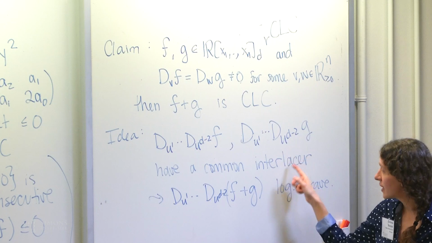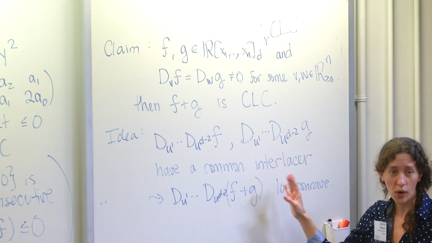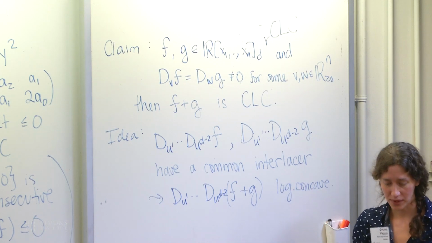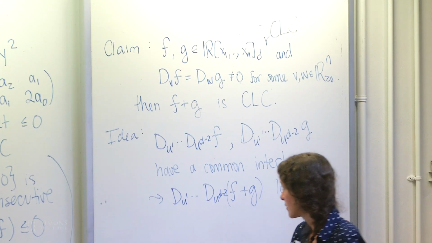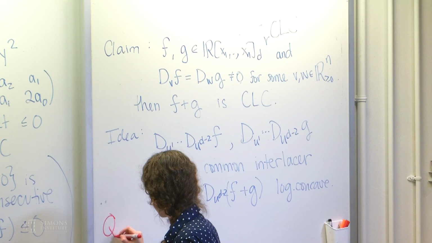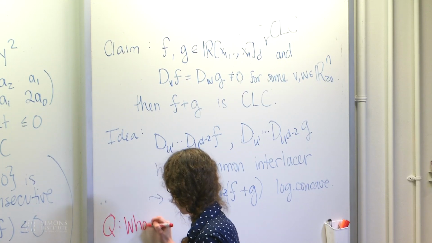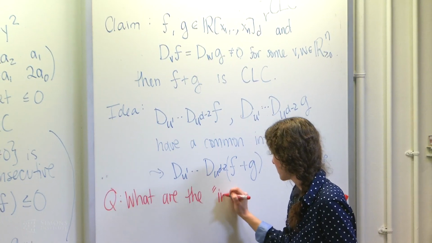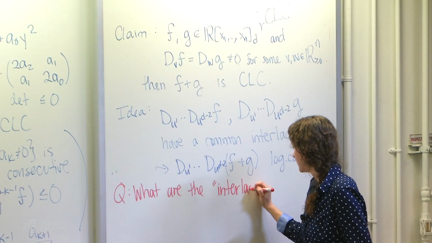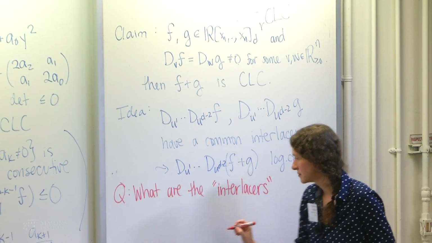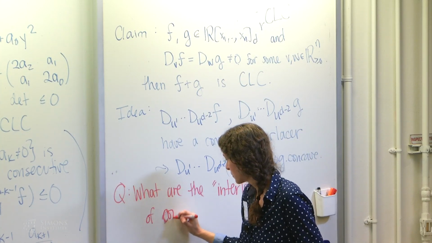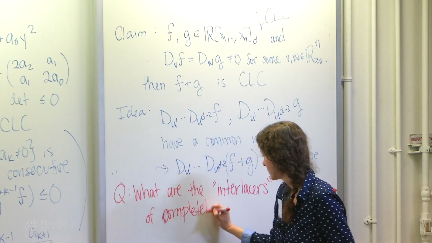I think trying to understand what the set of interlacers are of these polynomials would be a very interesting question.